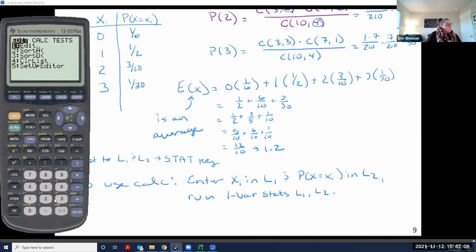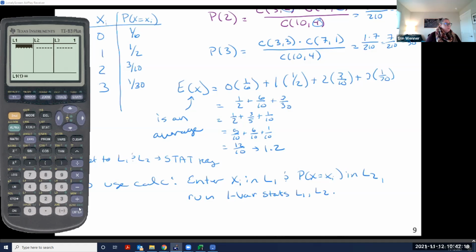So under the stat key, we're going to press enter for edit. You want to probably clear these out. Remember to clear out, you're going to press up. When it's highlighted in L2, we press clear, and then we're going to press enter. Going over to L1, we'll press up, we'll press clear, and we'll press enter.